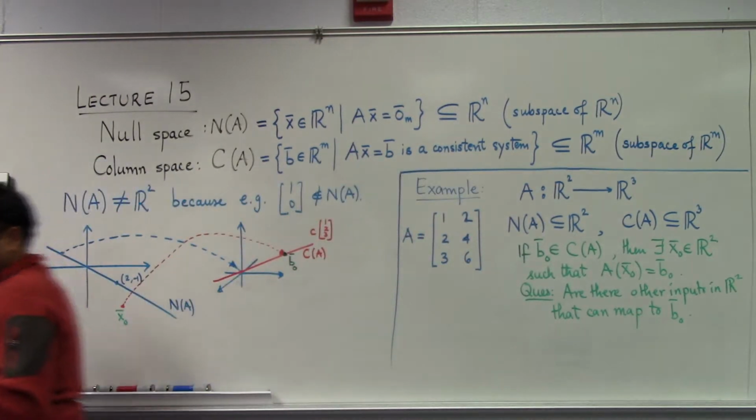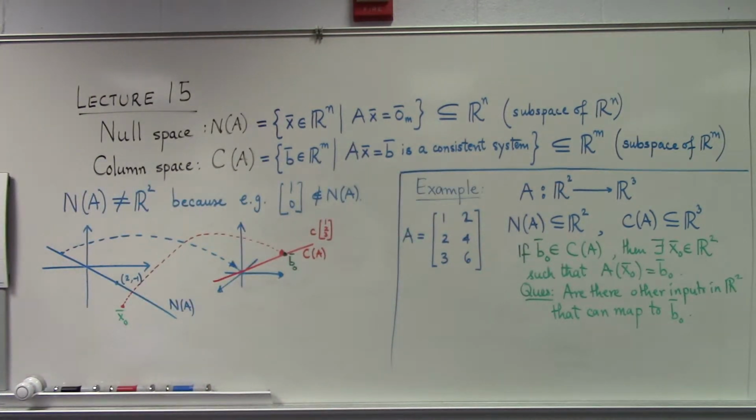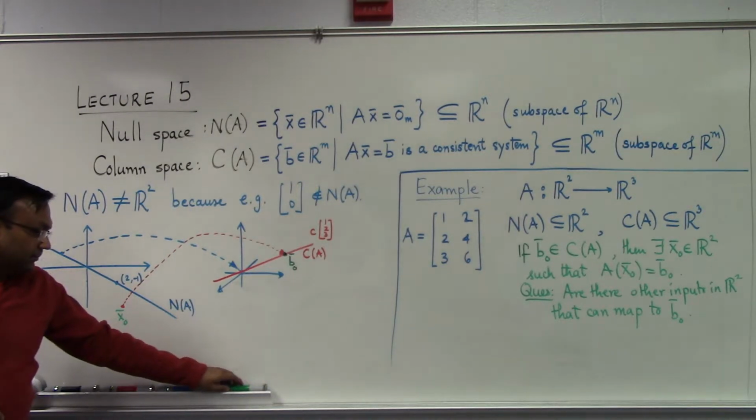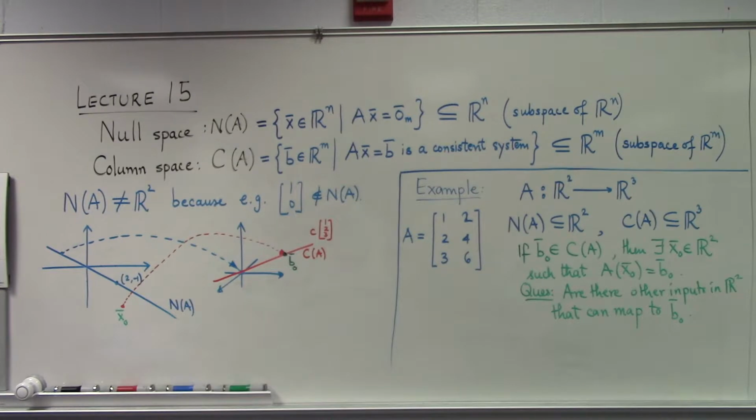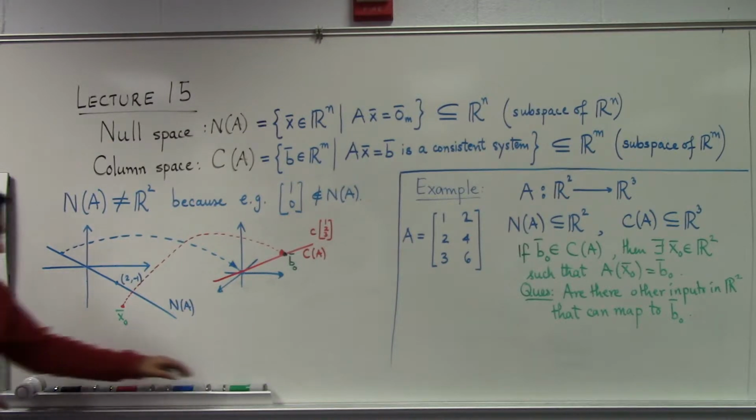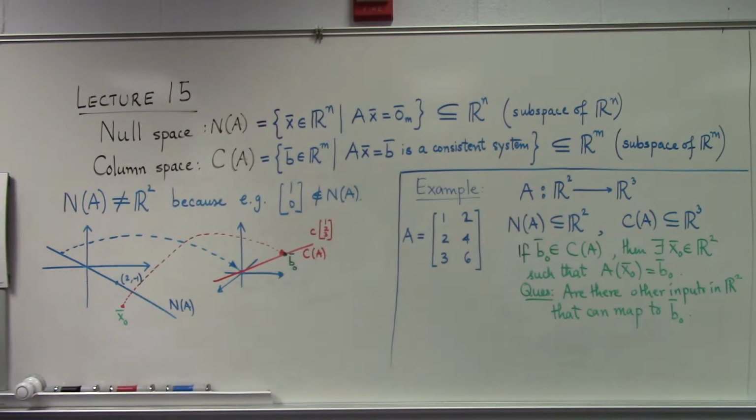What are those inputs and where would they map? How do we find any of them? That is where things become very interesting. How do we find all of those which would map to the point B0? Now, if I give you the algebraic solution, it's fairly obvious that we will be able to understand what that would be. However, let me try to convince you geometrically.